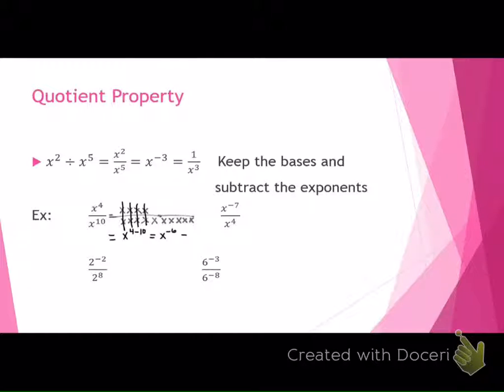Which becomes what? 1 over x to the 6th. Good. Now, you could always just subtract. You can always look at this and just say, well, 10 is a bigger number than 4, so the number has to be in the denominator, right?